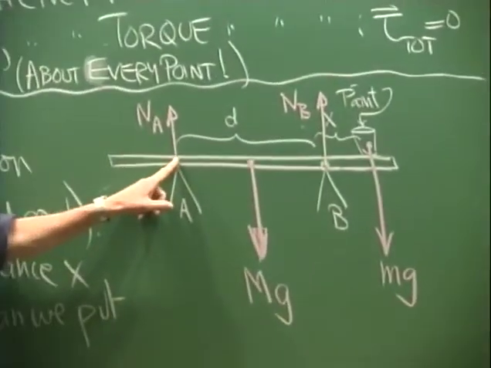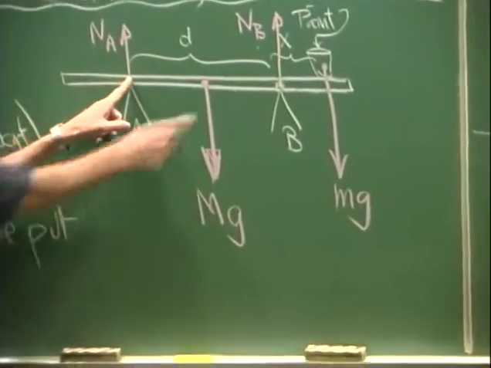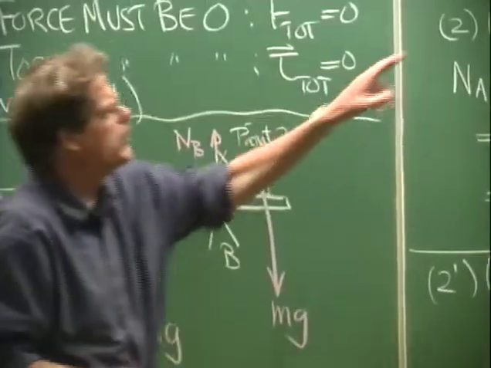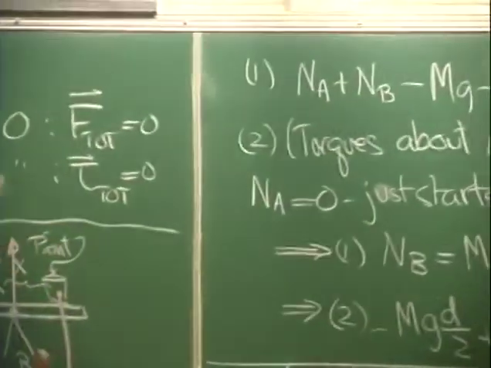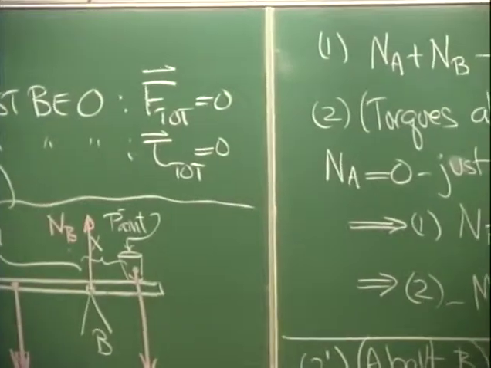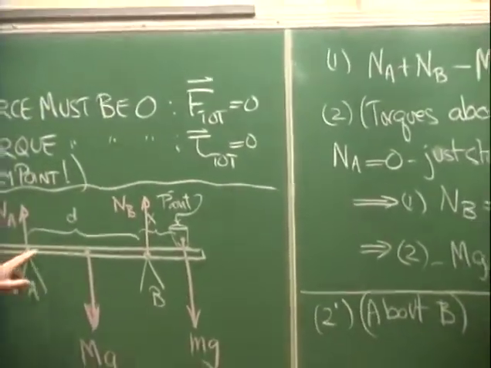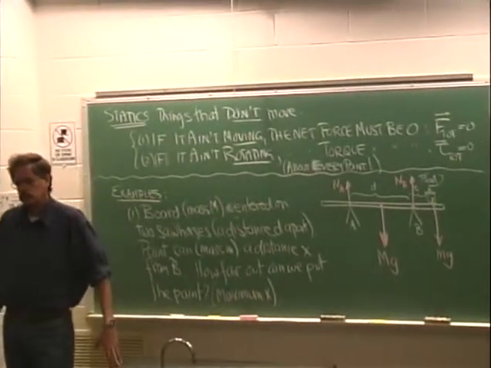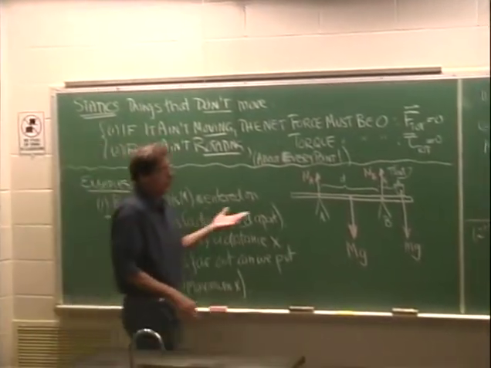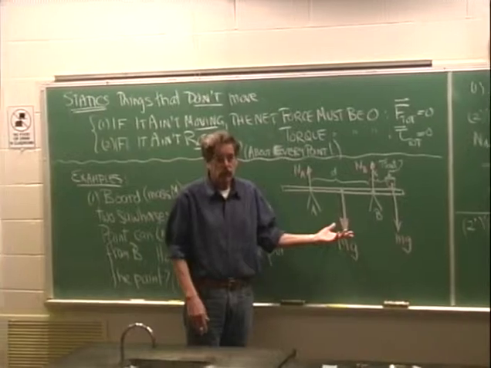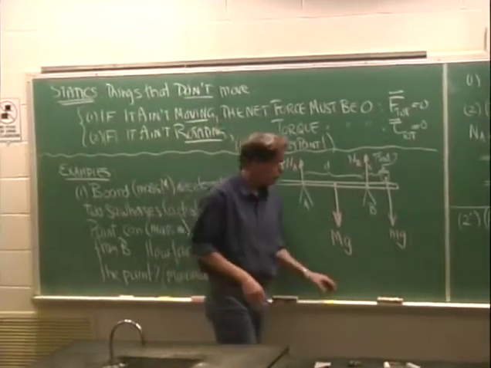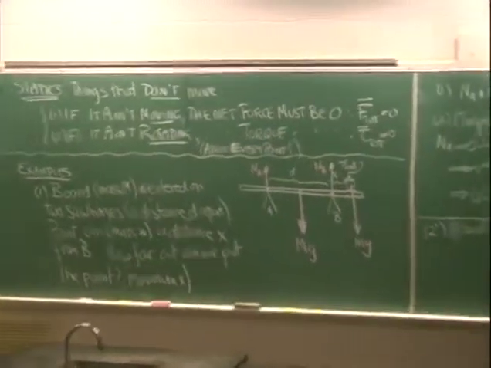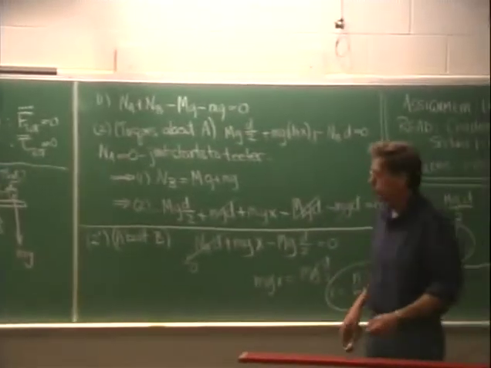NB comes into the problem, does contribute a torque, but NB I don't know, so I have to get NB by going back to the force equation and plug that in. So it was a little bit more awkward to calculate torques around here because that involved NB, which I didn't know. But having said that, if you were programming a computer for it, or somebody who was happy to do a lot of arithmetic, then it doesn't matter what point you use.